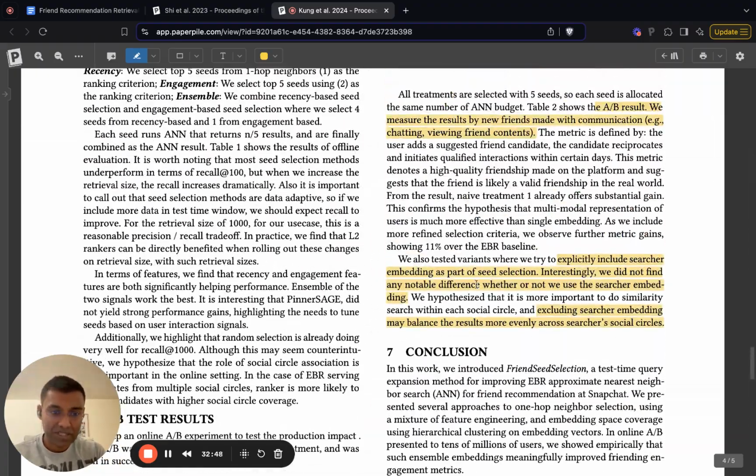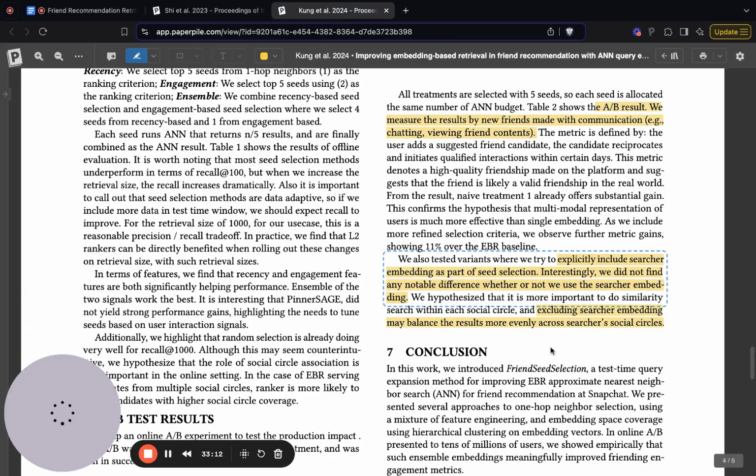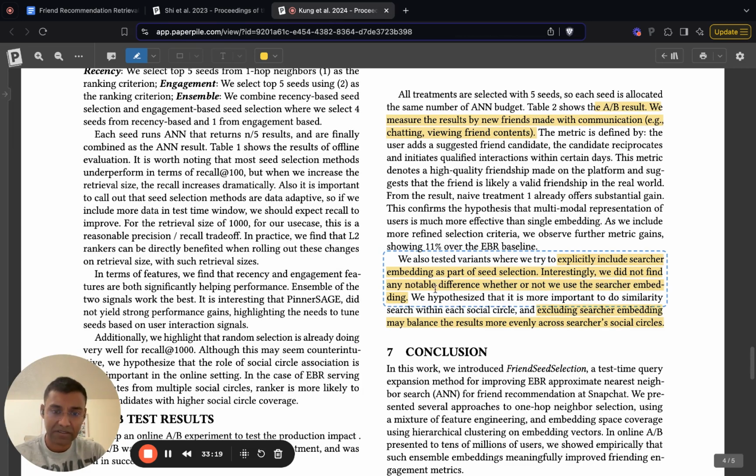And one thing that was interesting is they say that we also tested variants where we tried to explicitly include the searcher's embedding as part of the seed selection. So they say, it's natural to assume that, maybe also adding the embedding of the viewer could help. But they find that, interestingly, we did not find any notable difference whether or not we use the searcher embedding.